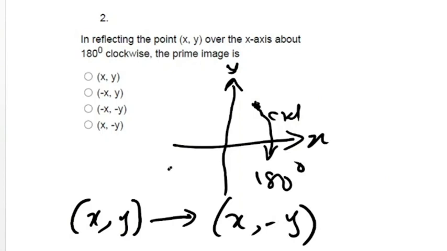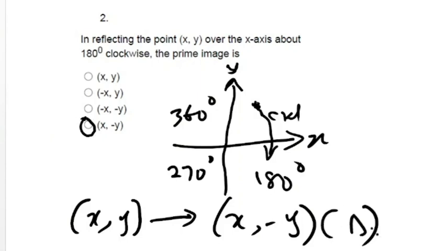So this is about 270 and 360 degrees. So the correct answer is x, minus y, because we are reflecting over the x-axis in the clockwise direction, which is option D.